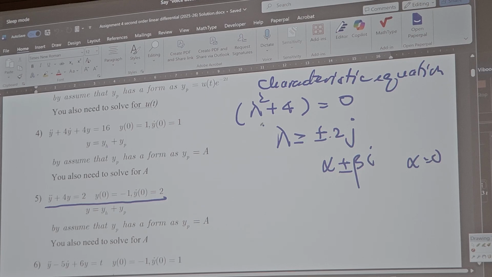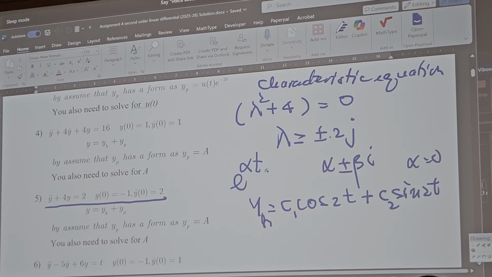So our y homogeneous solution is C1 cos 2t plus C2 sine 2t, because e to the minus t will be equal to 0.